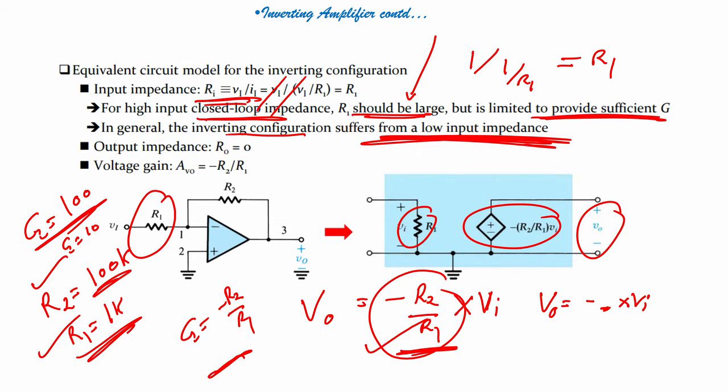So, in case of the inverting amplifier, the low input impedance is a problem, or in other terms the inverting amplifier configuration suffers from low input impedance, alright. Output impedance is 0, voltage gain is minus R2 by R1. Easy, super easy, right.